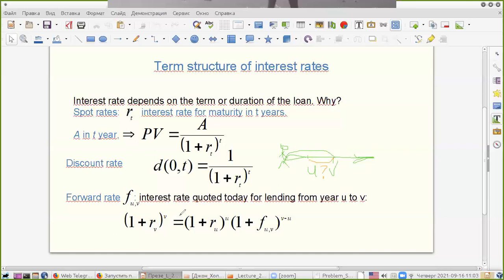For v years it is (1 plus r) to the power of v. For u it is this bracket, the same. And after this we use the multiplicative rule. So it's multiplied by (1 plus not r but f) to the power v minus u.